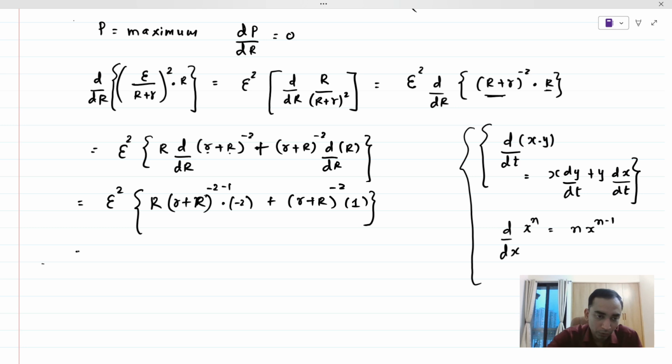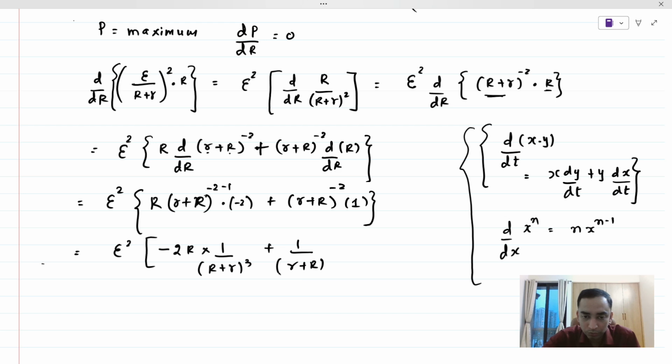Alright, so what we are going to do is simplify this one. E square, then this becomes minus 2 capital R multiplied by 1 upon R plus small r raised to 3, because this is minus 3, when it goes down it becomes plus 3. And over here I am simply going to write 1 upon R plus r raised to 2. Now this term has to be equated to 0, because for maximum power transfer the first order derivative has to be 0.